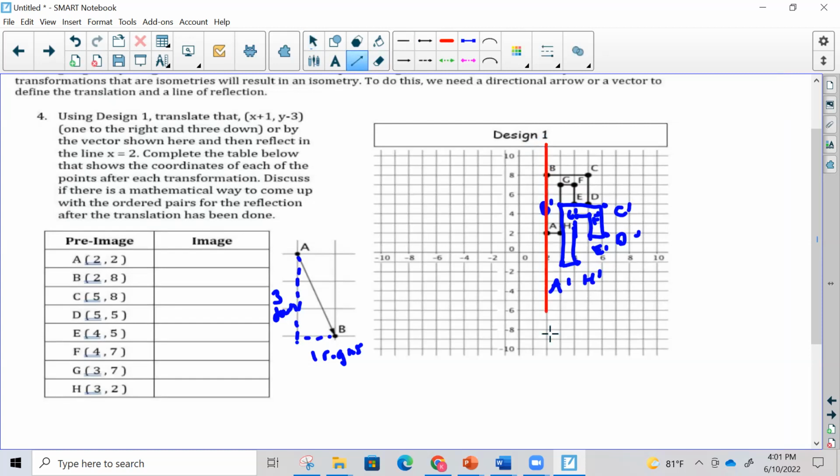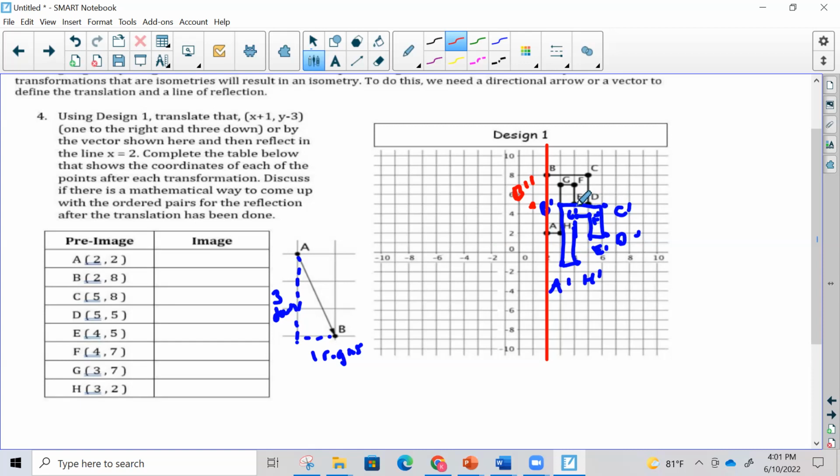So I'm going to draw this vertical line at X equals 2, and I'm going to flip everything over. The translation one, the new figure, the blue one, over this line. So again, we count to the line and count the other side. So B prime is 1 away. And I usually just do 2 primes to indicate my final answer. You can also not put letters until the end. It's just up to you.